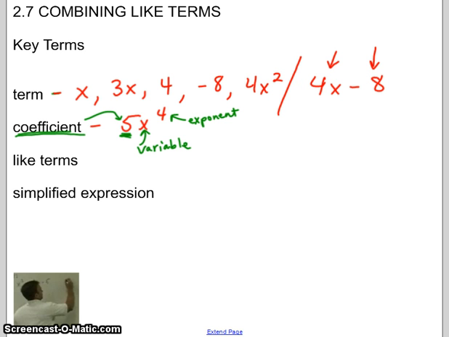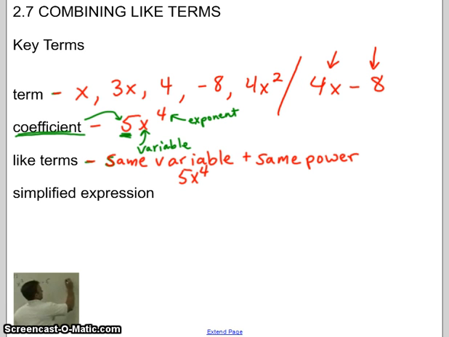Like terms. Like terms are terms in the expression that have the same variable and same power. So we'll take 5x to the fourth again.